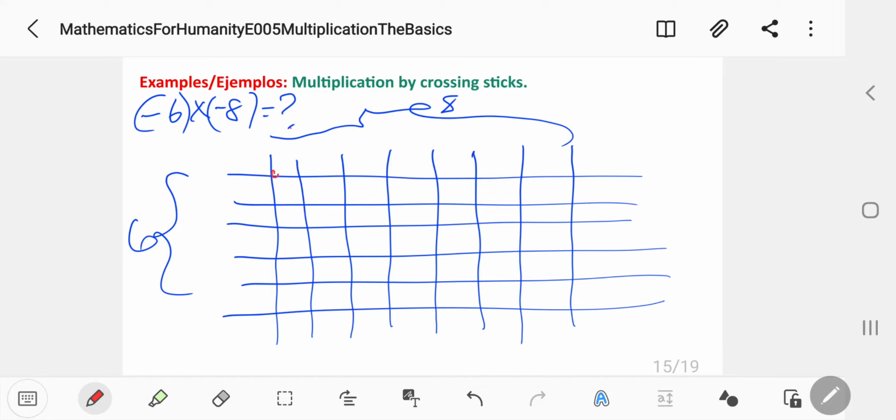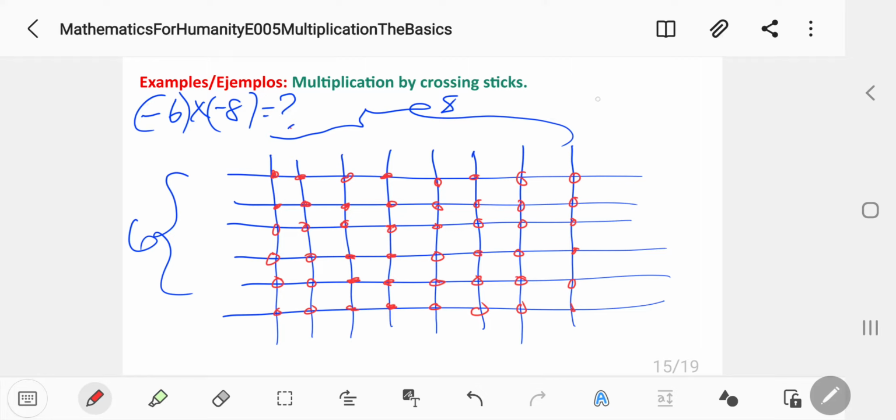So you can count the intersections: 1, 2, 3, 4, 5, 6, 7, 8, 9, 10, 11, 12, 13, 14, 15, 16, 17, 18, 19, 20, 21, 22, 23, 24, 25, 26, 27, 28, 29, 30, 31, 32, 33, 34, 35, 36, 37, 38, 39, 40, 41, 42, 43, 44, 45, 46, 47, 48.